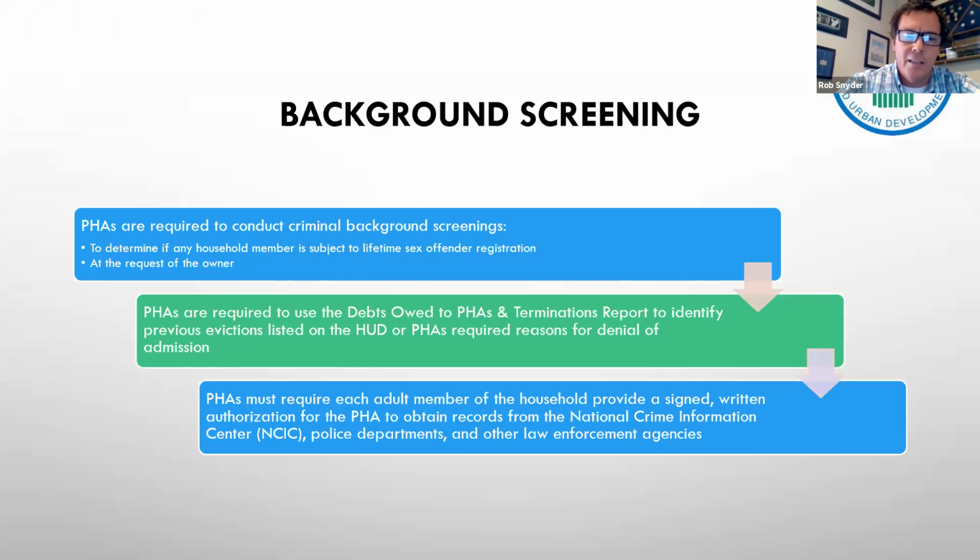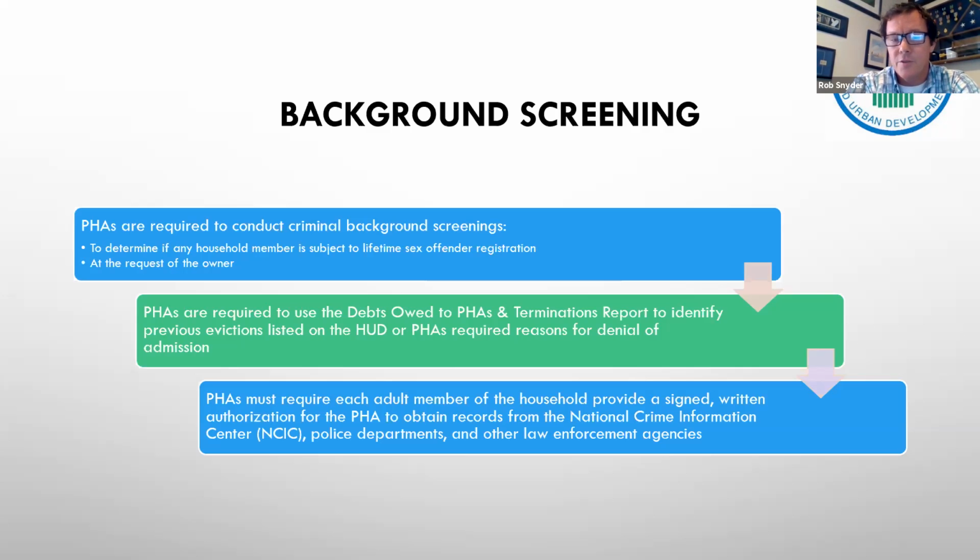So background screenings, again, like I mentioned earlier, housing authorities are required to conduct criminal background screenings. And really the primary reason is to determine if any household member is subject to the lifetime sex offender registration or at the request of an owner.